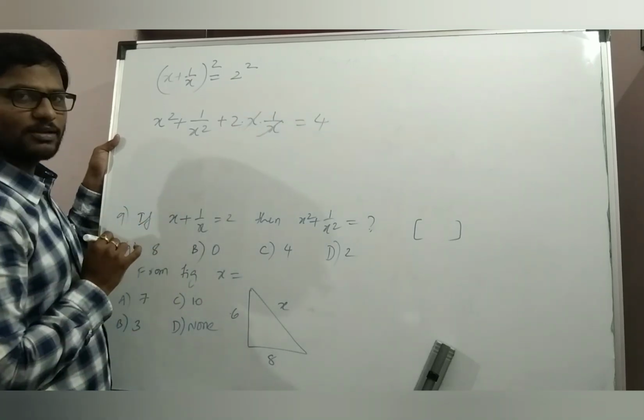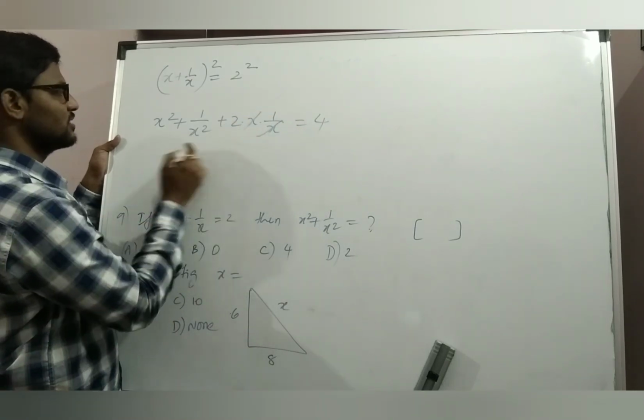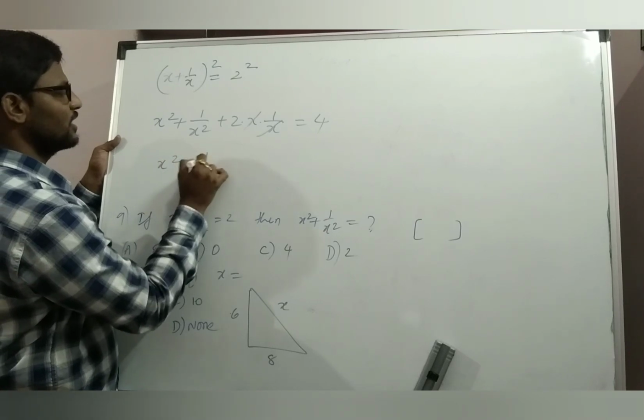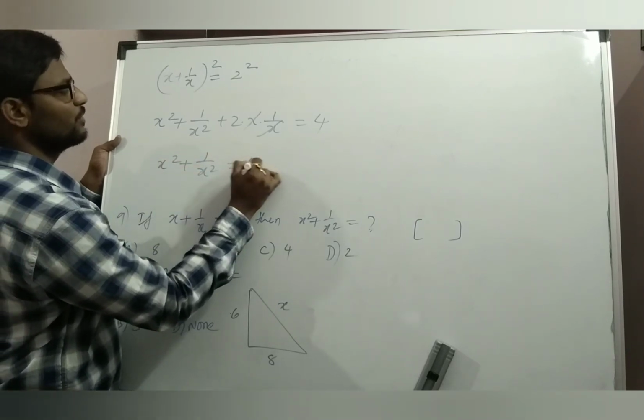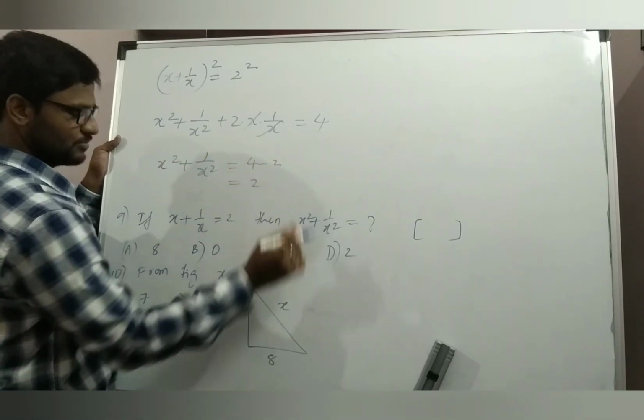The product of the reciprocals is 1, so transposing, x square plus 1 by x square equal to 4 minus 2, which is 2.